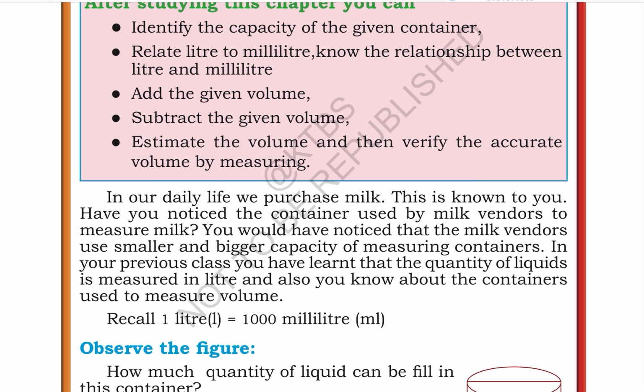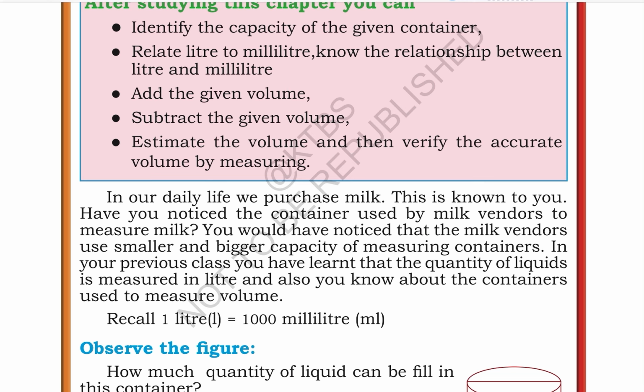And if you have large quantity of liquid, then you will measure it in liter. Okay, there is a relationship between liter and milliliter. 1 liter is equal to 1000 milliliter.